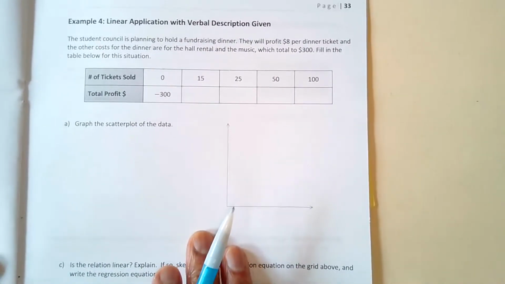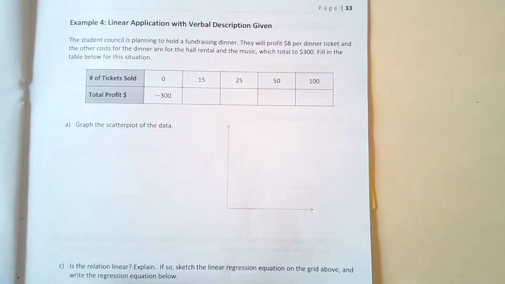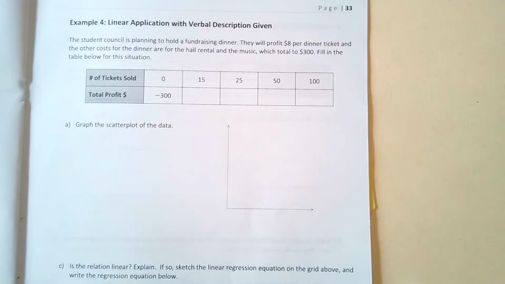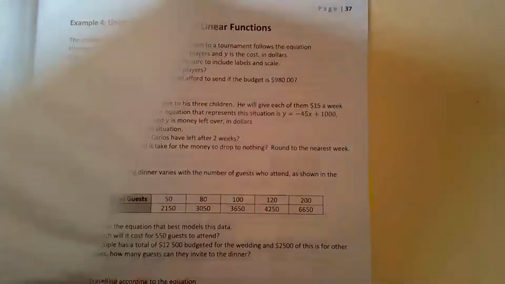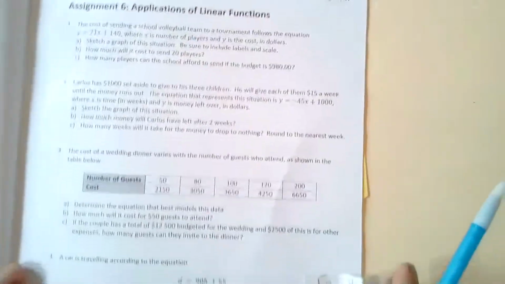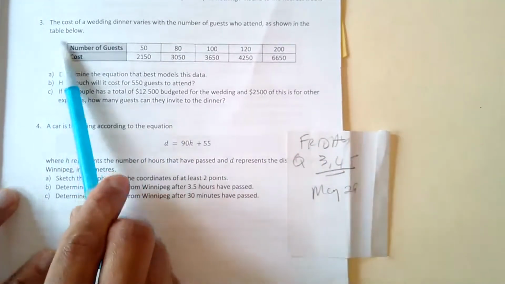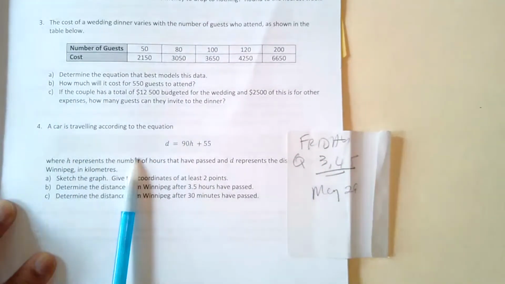So in the next video, I'll go through this question where you have to complete a set of data. In the meanwhile, I would like you to go to your booklet and complete question 3 and question 4.